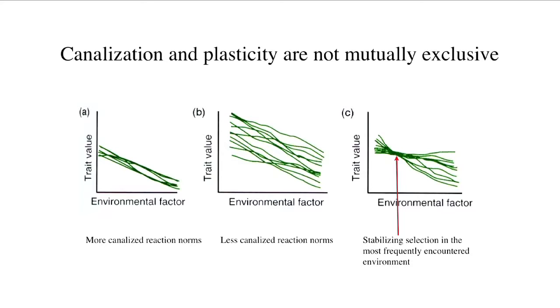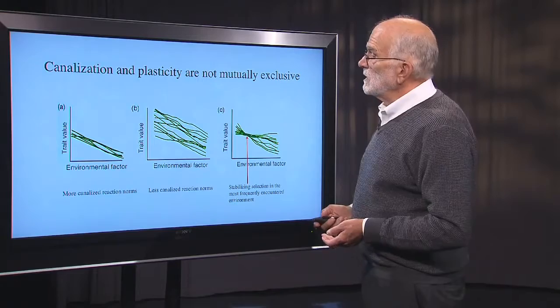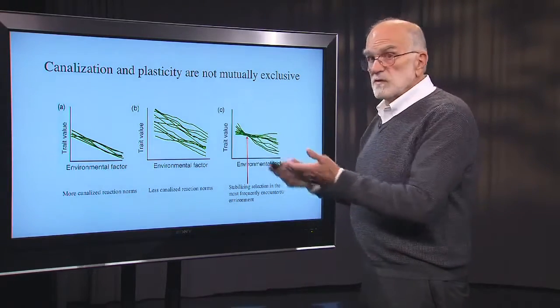If we were to see this kind of a pattern, where there was one particular environment in which all of the reaction norms came together and were tightly clustered around a point, whereas they diverged much more widely for other environmental values, we would be prompted by seeing that pattern to think, oh, it looks like there probably had been stabilizing selection in this environment, and that may very well have been the one most frequently encountered. Maybe these other environmental values are only encountered rarely and don't make so much difference. So this is also part of the power of this kind of analysis.